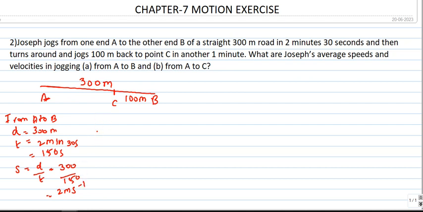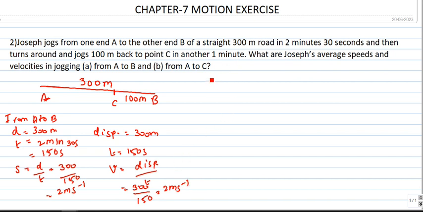So what will be the displacement? Displacement will also be equal to 300 meters and the time again is 150 seconds. So the velocity is given by displacement by time, which is 300 by 150, again equal to 2 meter per second. In this case, we find that the velocity and the speed are both the same.